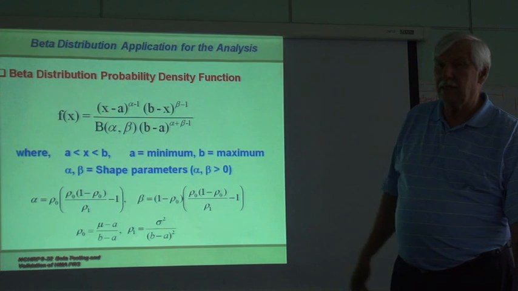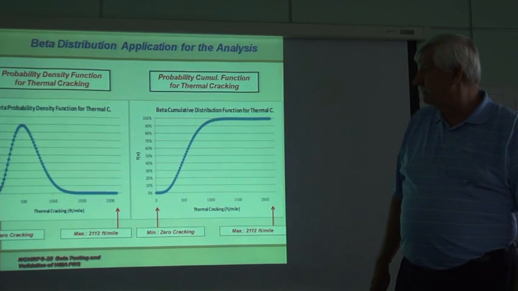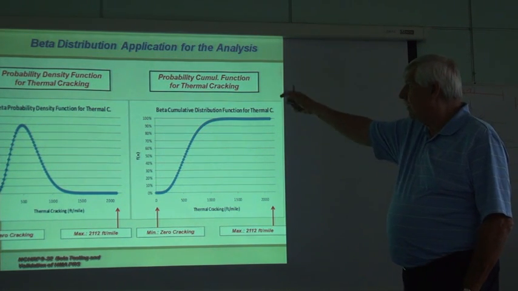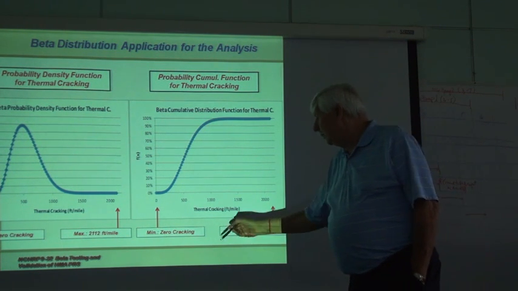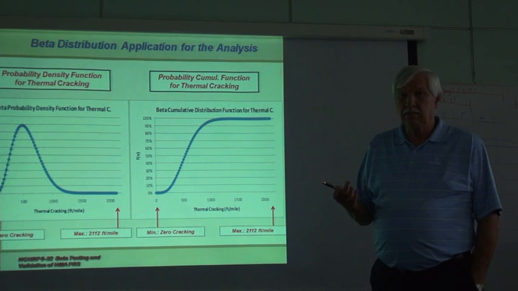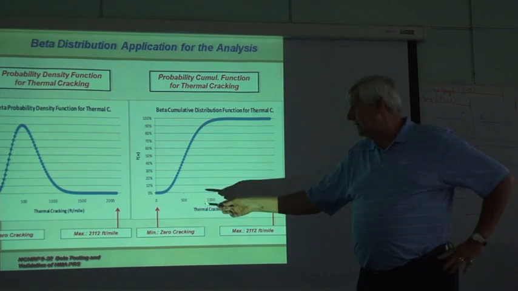Anyway, these are the equations that you would use. Very simple to implement. I'll show you the power of this because this happens to be for thermal cracking. We put limits on here. This is the A value of 0. I don't have a limit of negative thermal cracking, but I put my A to be 0.